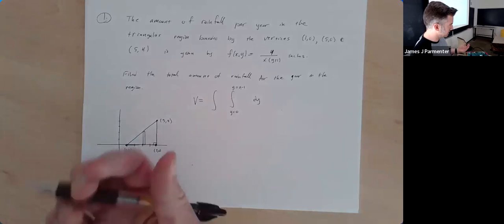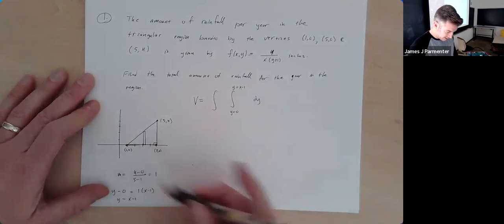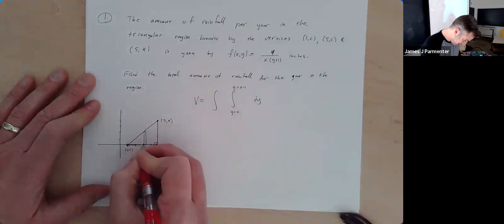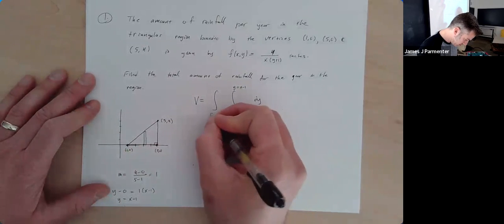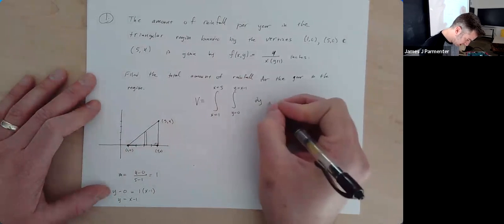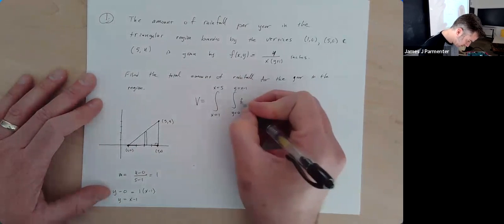So that makes sense that we would do it in that way. And then we're going to talk about how far left and how far right this thing can go. Well, this thing can go as far left as 1 and as far right as 5. So we're going to go from x equals 1 to x equals 5, dx. And then, of course, inside here, I should have the function I'm actually integrating.